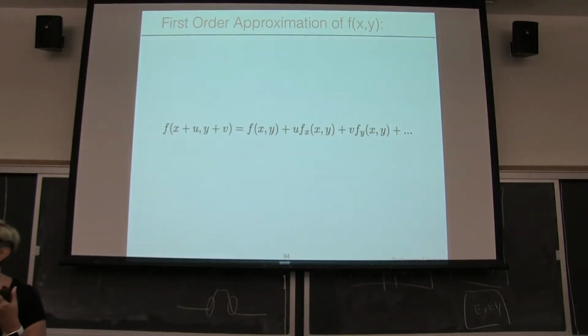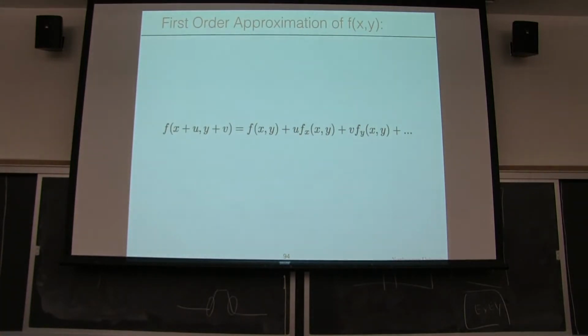So that's a first order approximation of a two-dimensional function evaluated at X, Y, when I move a little bit, U in one direction and V in the other one.